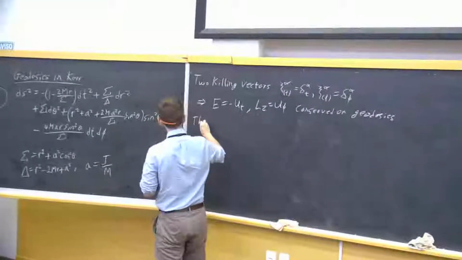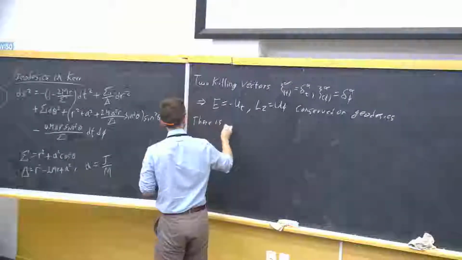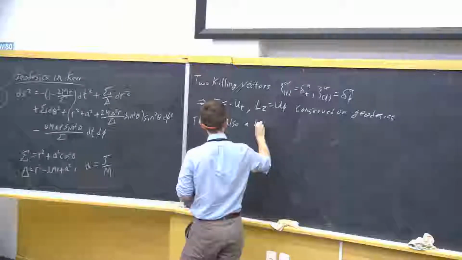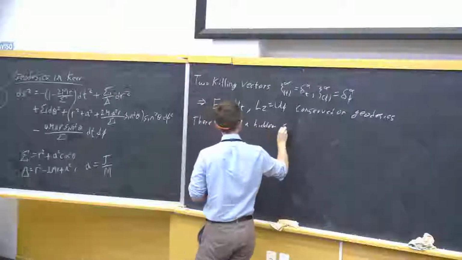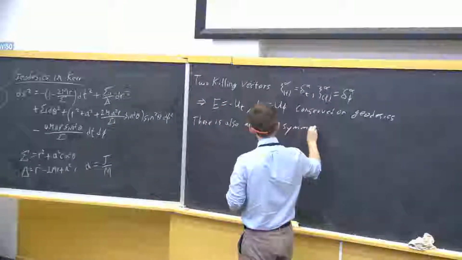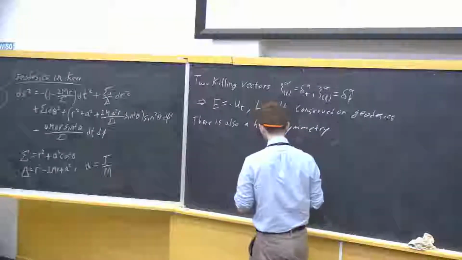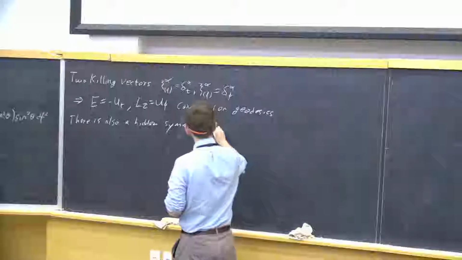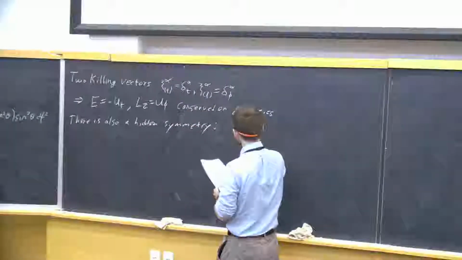Then there's also a hidden symmetry, which is not at all obvious, which is a Killing tensor.